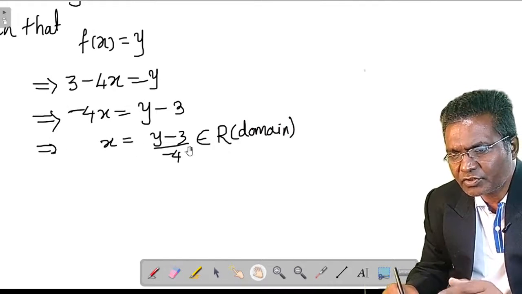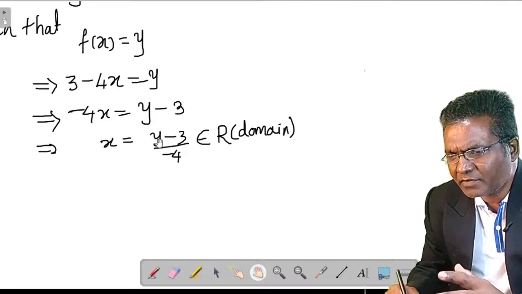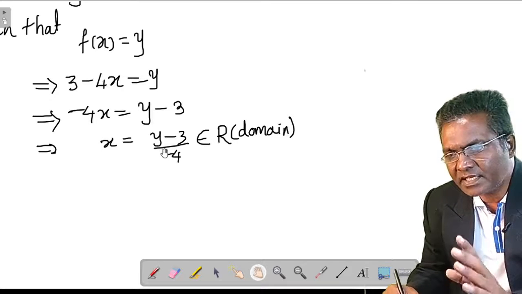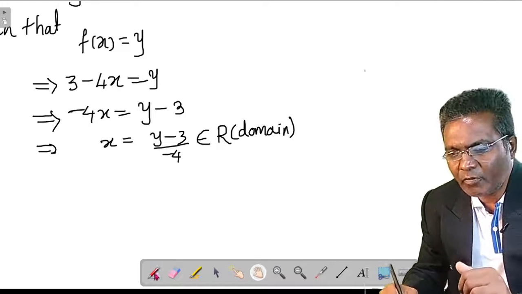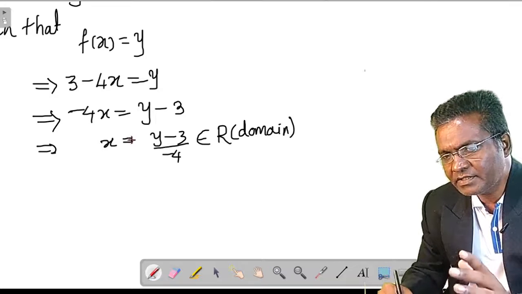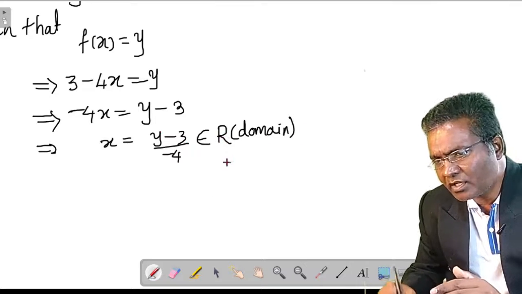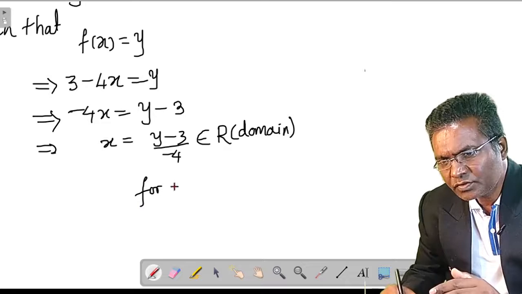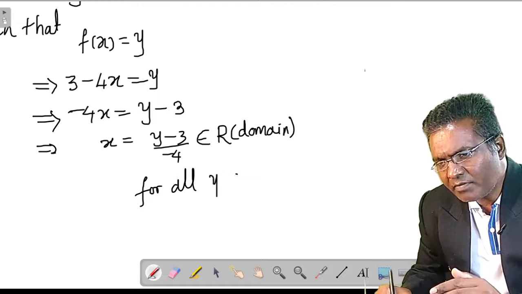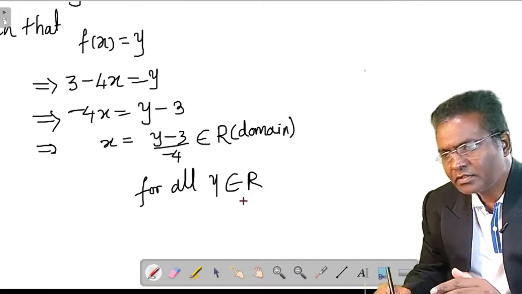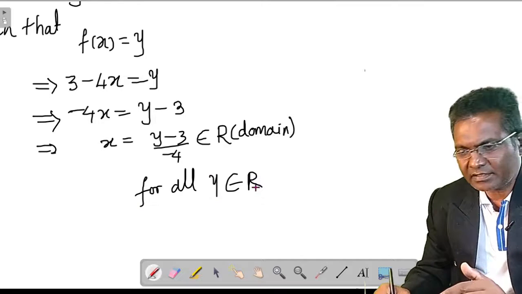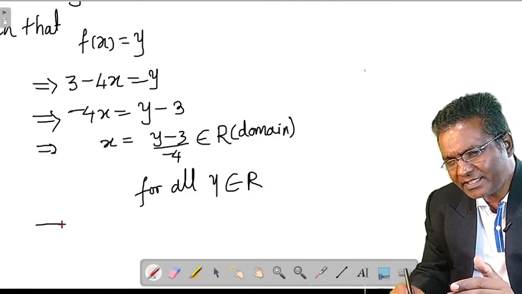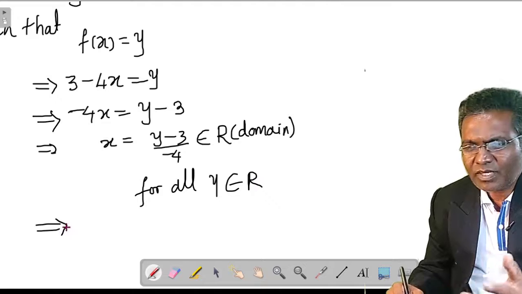If you substitute any real number for y, then the result will be in the domain. So you have to write like this: this belongs to R for all y belongs to codomain R.